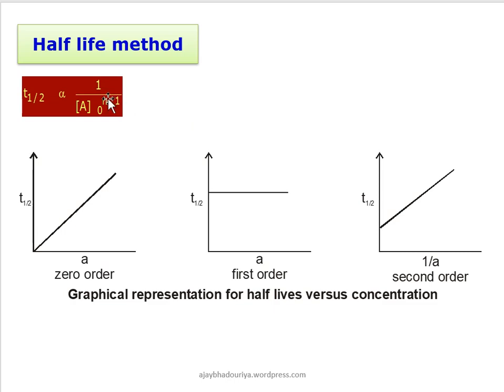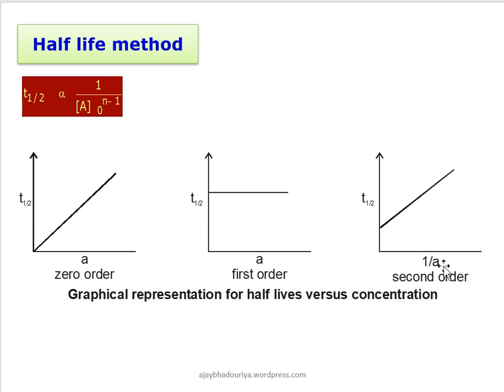If the value of n is equal to 2, then 2 minus 1 is equal to 1. So t half is inversely proportional to concentration. So for the second order reaction, t half is inversely proportional, 1 upon A0.